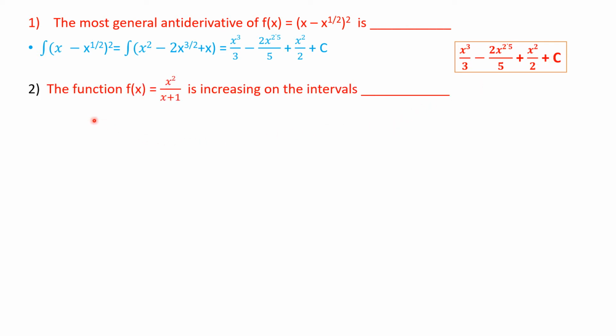Question number 2. The function f of x equal to x squared divided by x plus 1 is increasing on the intervals, and we have to figure out the intervals. To do so, a function will be increasing when its first derivative is positive.